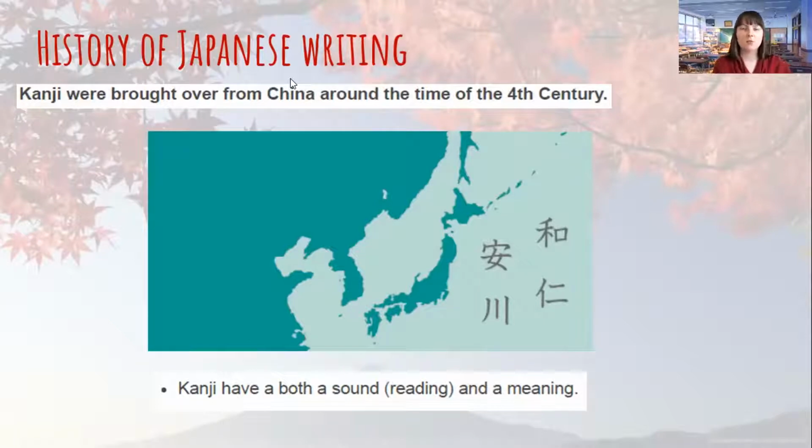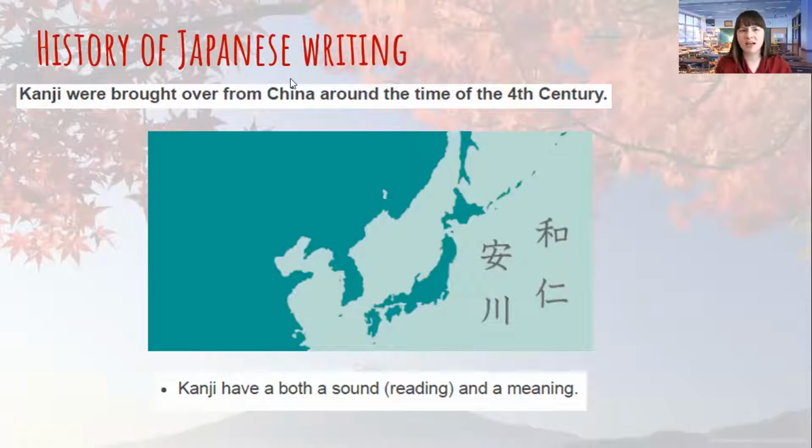Now, at the moment, the Japanese have 2 other alphabets, plus using English letters and numbers. Can you guess how many kanji you need to know to be able to read fluently, for example, a newspaper? 200? 10,000? 1,000? Yeah, about 2,000 to 3,000 characters.